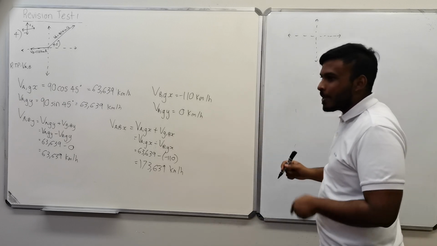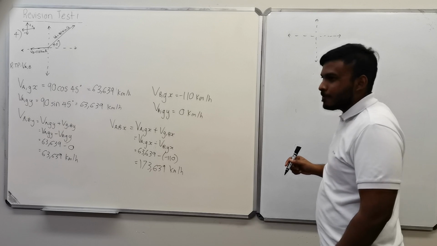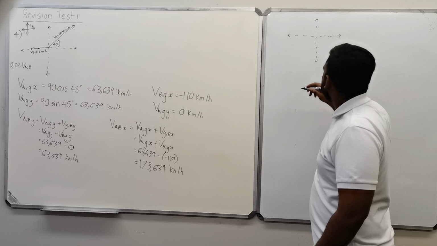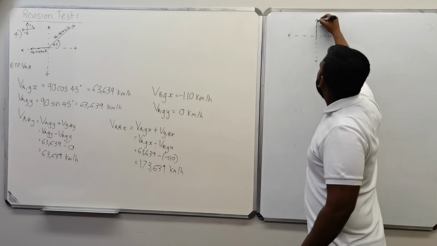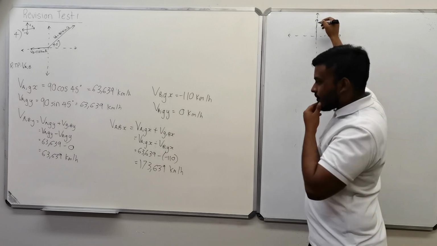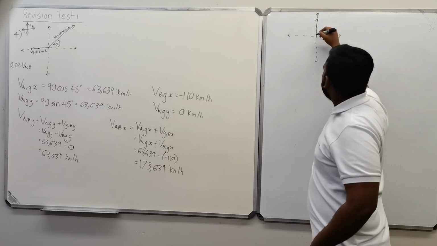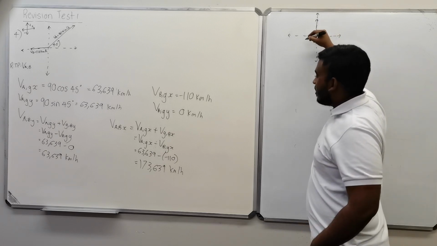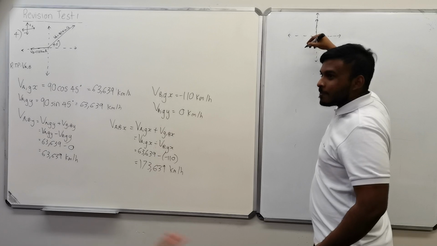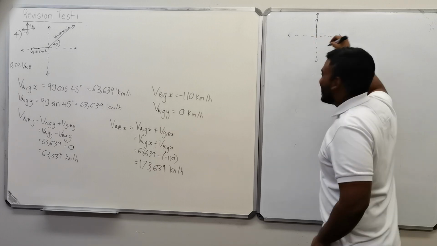Right. So, how would I substitute my values here? You're going to put your y-axis 63.639 positive, so it's on the top. And then your x-axis is 173.639 to the right. Positive, to the right.